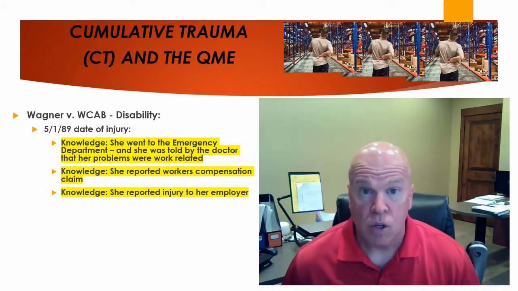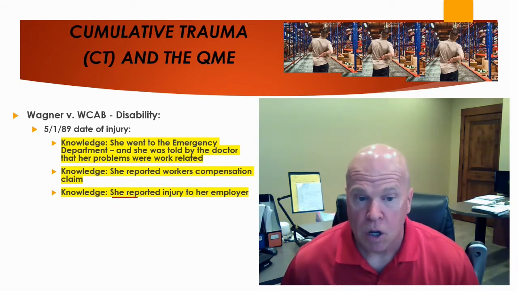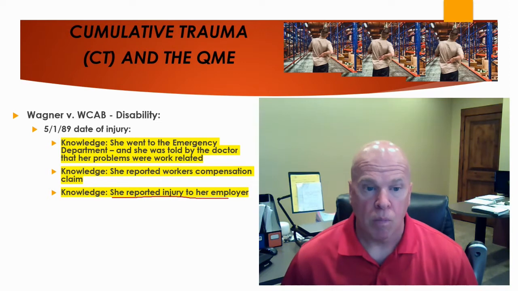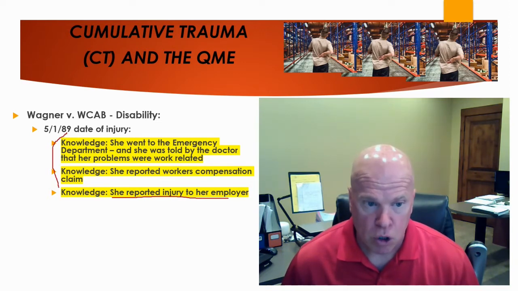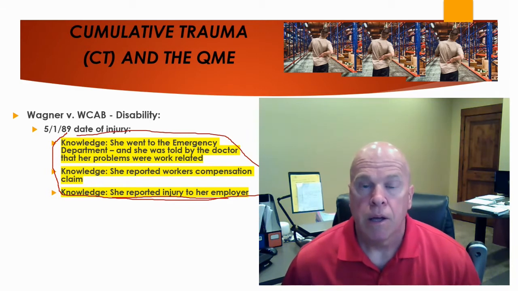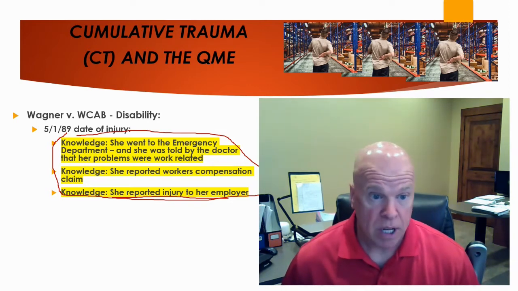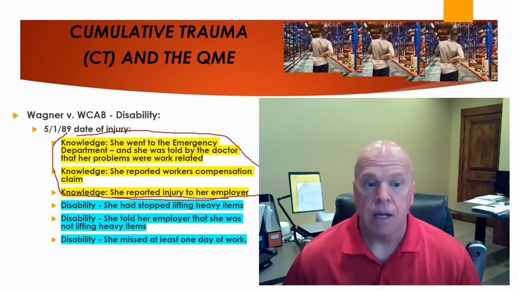She reported the claim in May 1989, and she also reported the injury to her employer. So insurer A contended that these three pieces of data confirmed that indeed Ms. Wagner had knowledge as early as May 1989.